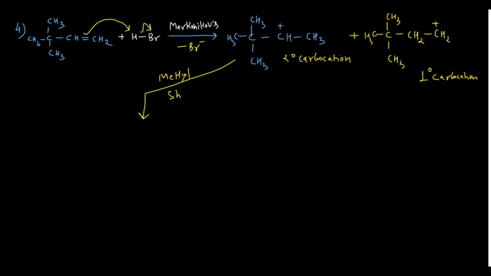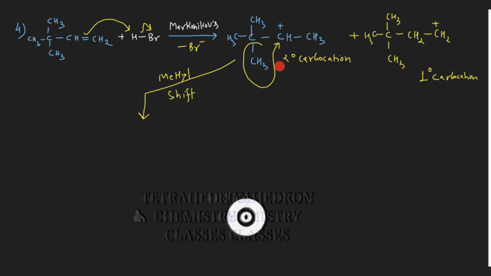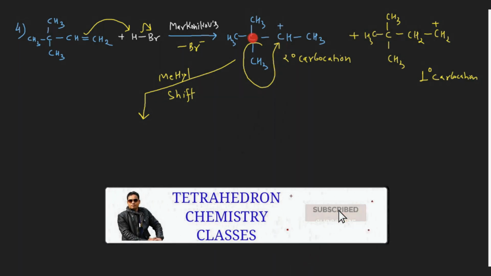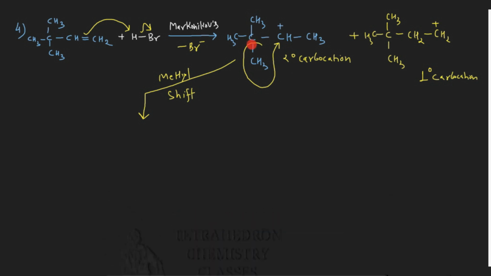What is the meaning of the methyl shift? One of the methyl groups along with the electron pair will move to this center. You know, for the formation of a covalent bond, you need a pair of electrons. This methyl along with this electron pair will move onto this carbon and get attached here, and now this would be electron deficient, and you can put a positive charge over there.